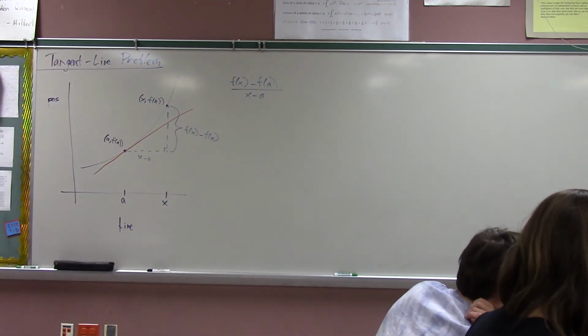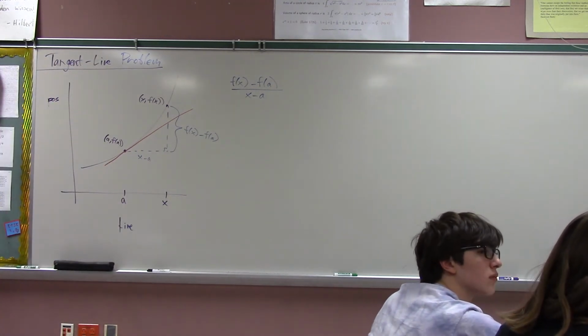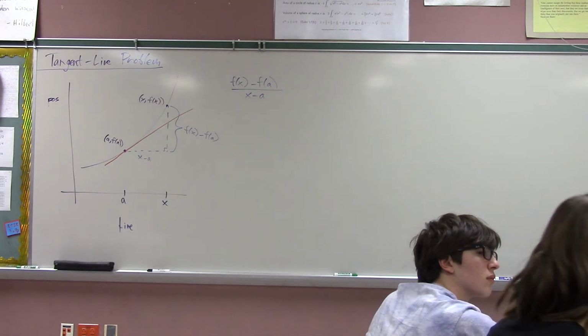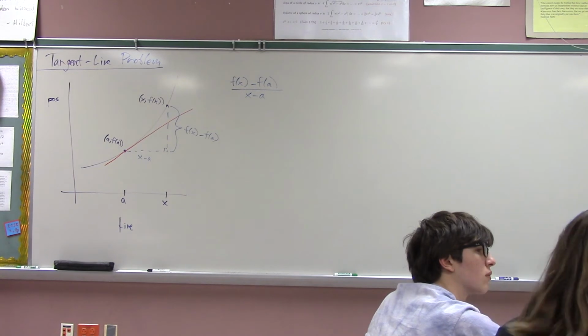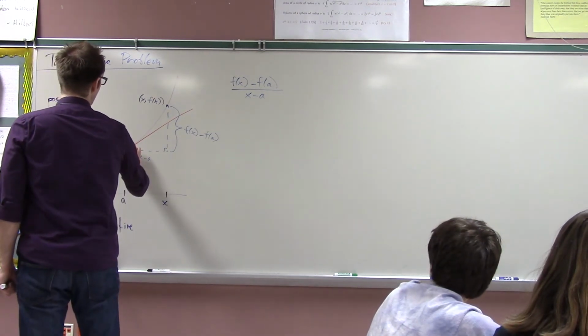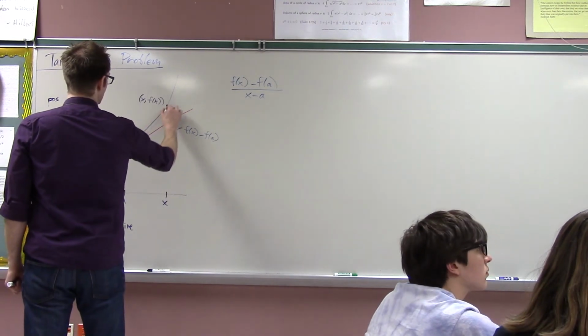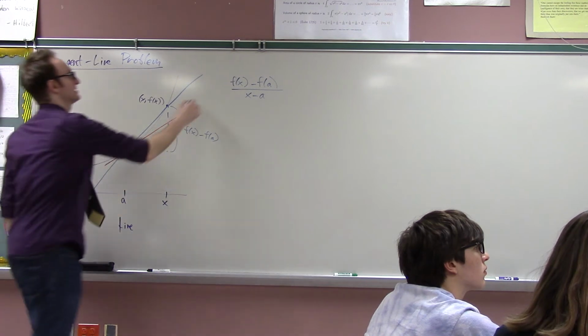Geometrically, Stephen said rise over run, but rise over run of what? It's the slope of the line through those two points, like so. And we have a name for this.